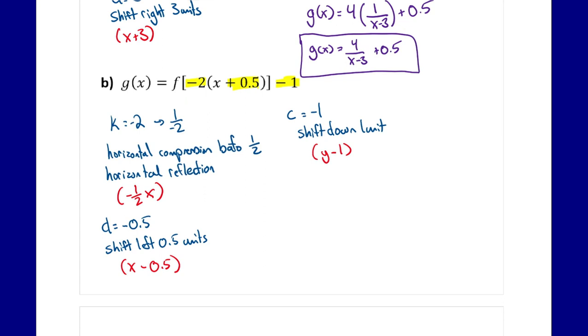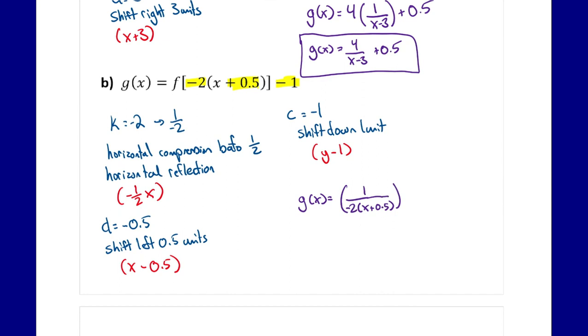I want to put this into a transformed function. So g of x is equal to, there's no A value, so I can just go right into my X portion. So I'm going to have a -2x plus 0.5. So again, anything that's happening inside that f or in our general function that's applying to the x is going to go directly with the x in the denominator.